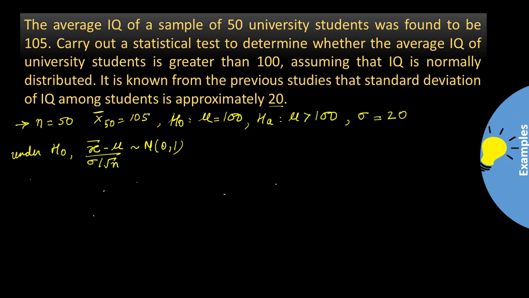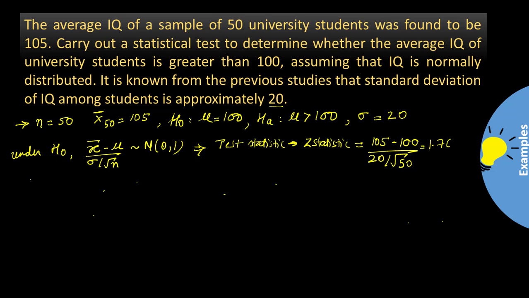As we have already seen, the test statistic is the z statistic, since the population variance is known. Just putting the values in the given equation, this comes out to be 105 minus that, and if you calculate, it comes out to 1.768.